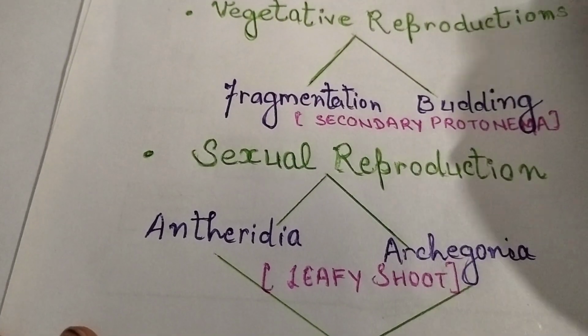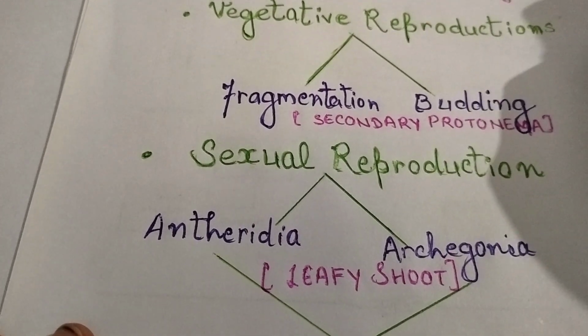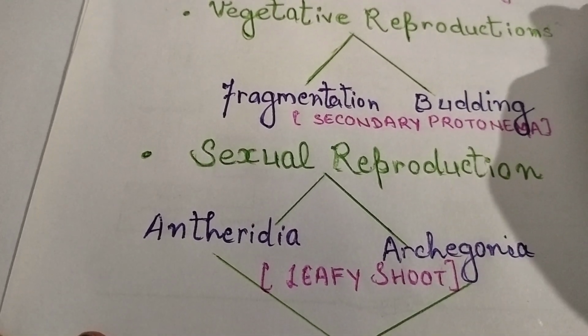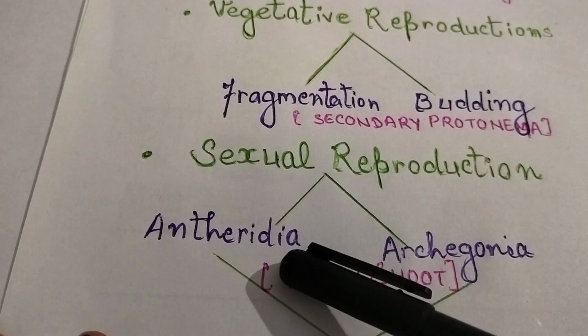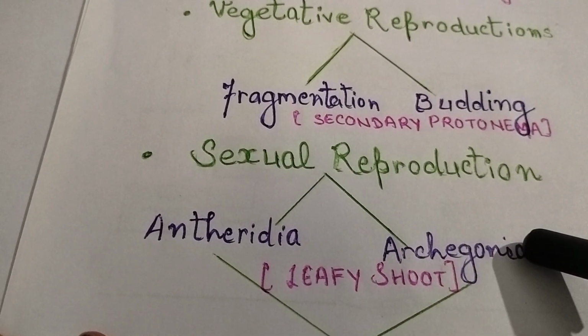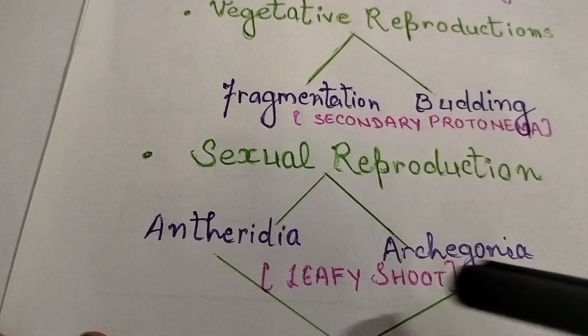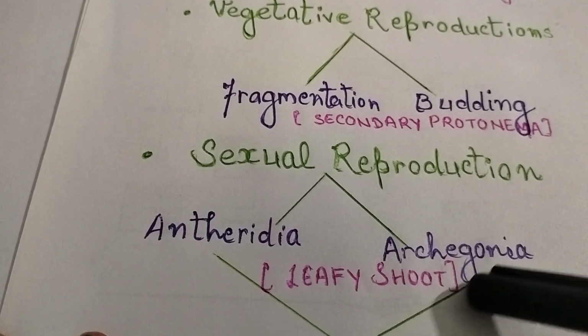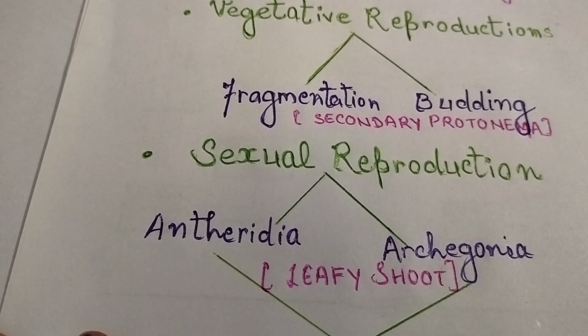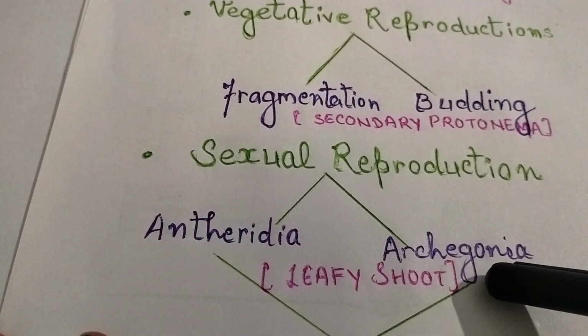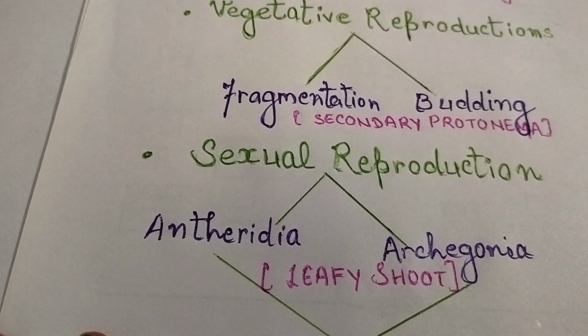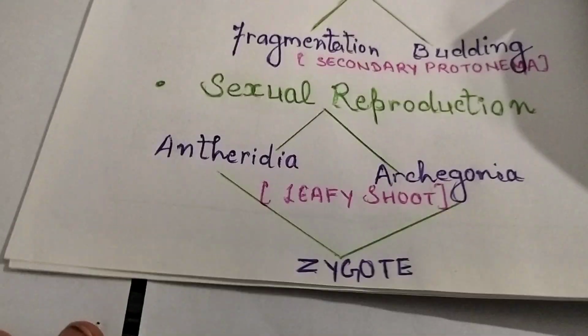So these sex organs are produced in the leafy shoot, that is the leafy stage. These antheridia and archegonia produce male and female gametes respectively. Male and female gametes in sexual reproduction fuse to form zygote.